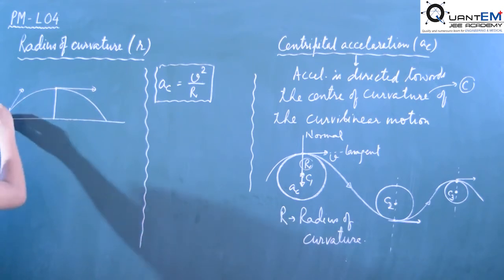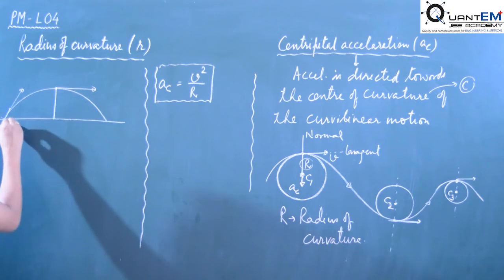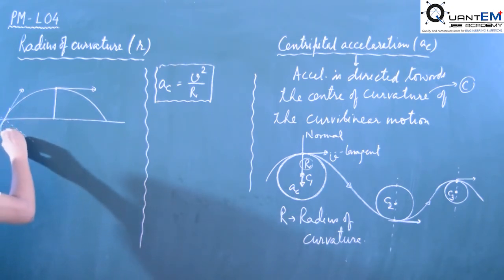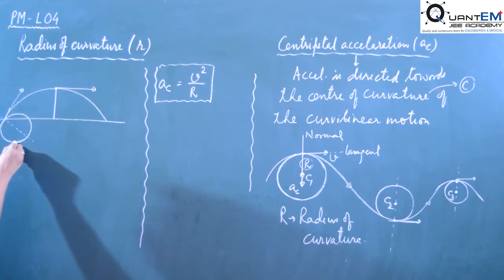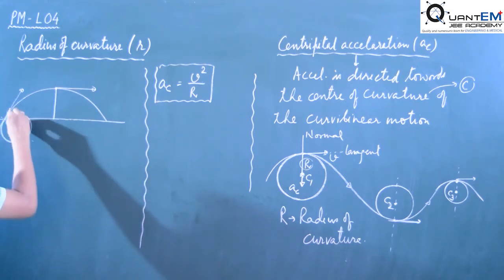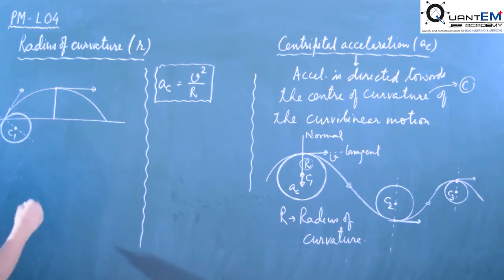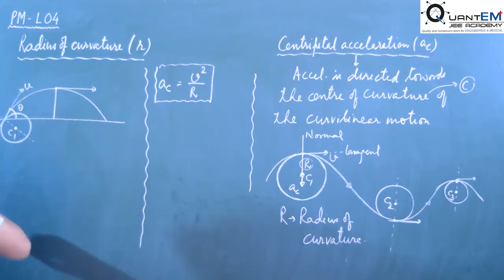So at this moment you have to get the radius of curvature. You draw a tangent here. The same concept we are using here, and along this normal we will have a center. Now we draw a virtual circle here. This one is the center of curvature the moment it has been projected. Here the speed is u.